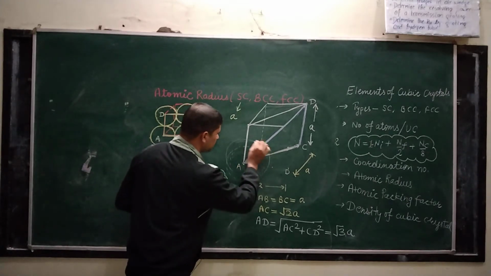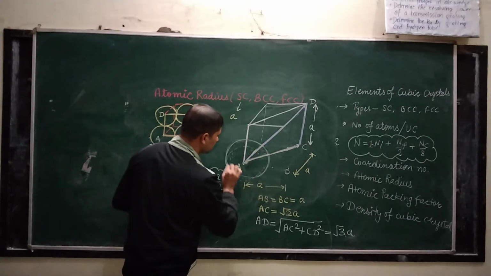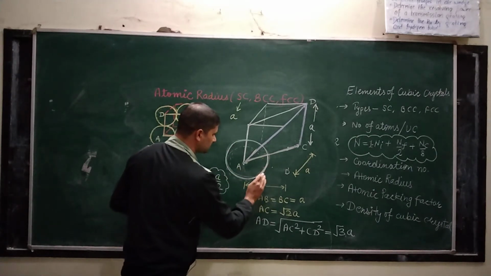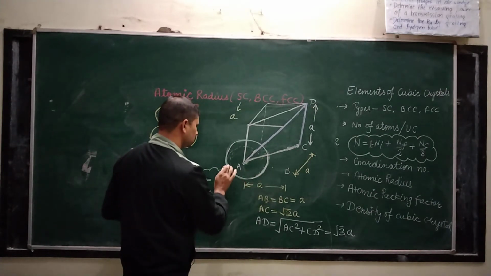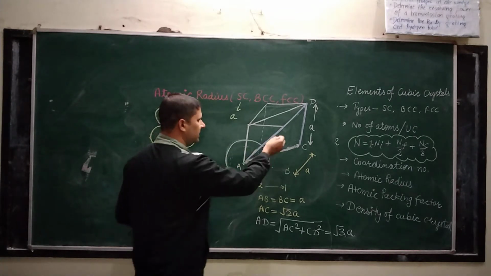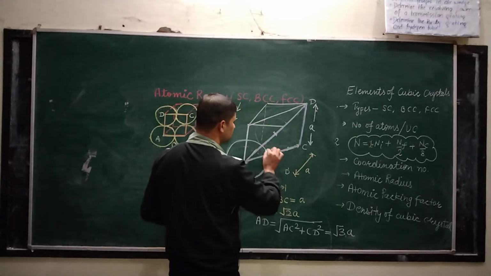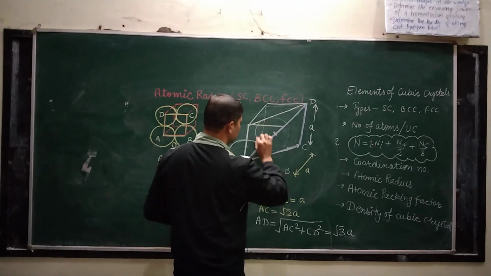One particle is present here. Let me increase the size. One particle is present here, and one particle is present at the center, at the body center. So this is another particle.